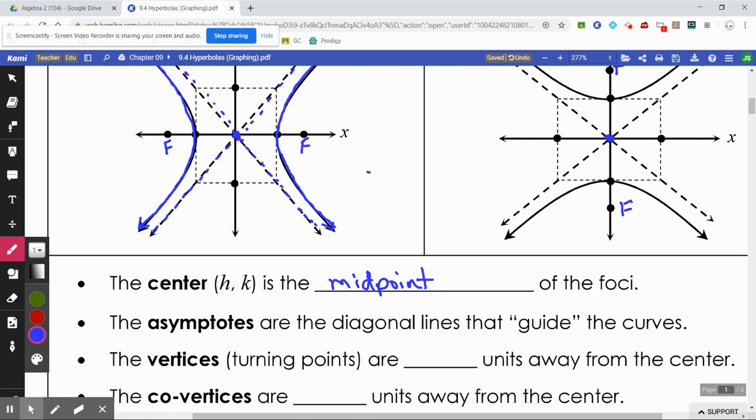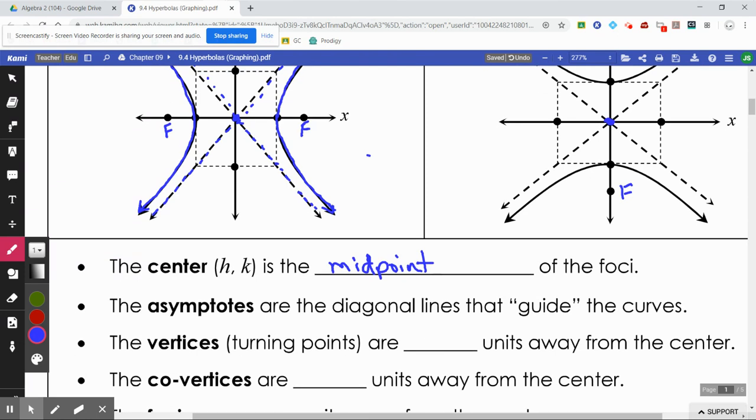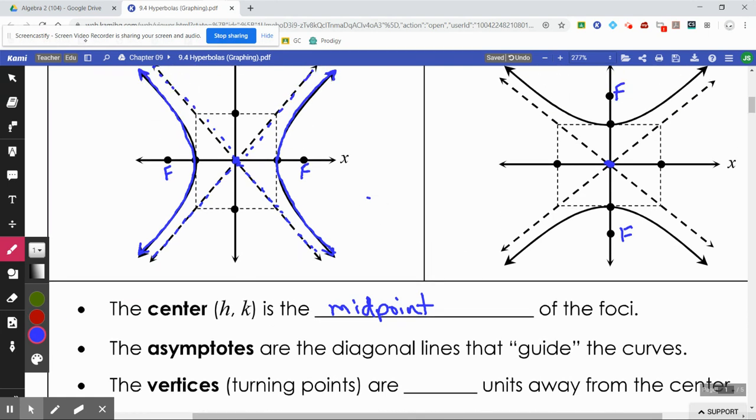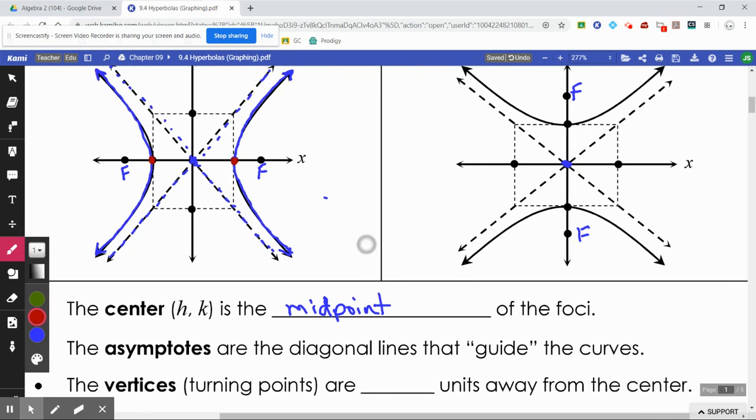Now, where do these asymptote lines, how do we find them? Let's talk about the vertices and the covertices. The vertices are the turning points, and I'm going to label them in a different color. Here you see a vertex, and here's another vertex. Plural, they're called vertices. Here's a vertex, and I'll put a V next to those. Those are the vertices of your hyperbolas.